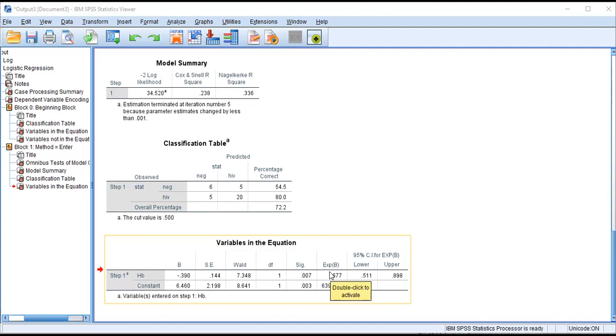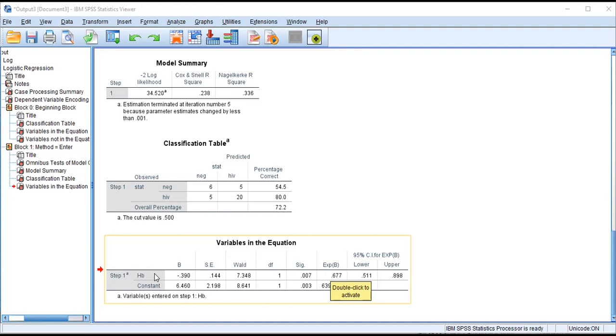Less than one. So we say that an increase or change in HB level would mean that the participant is 0.677 less likely to develop HIV. So let me take that again.